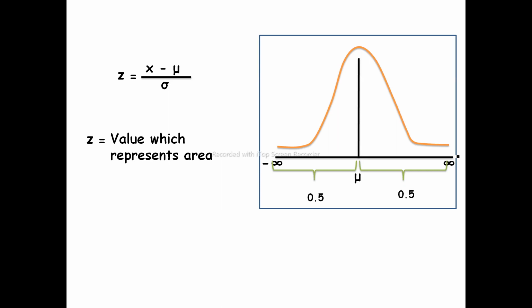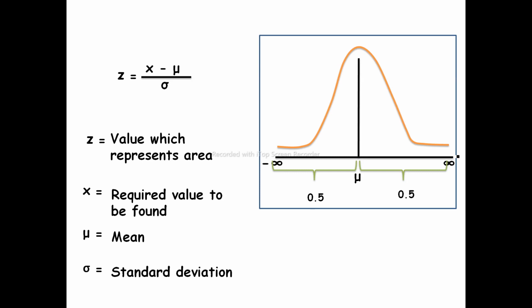Next, x is equal to the required value to be found, mu is the mean and sigma is the standard deviation. These all things you know. So we'll take up an example and you will get to know how to use this normal probability distribution for solving the problem, like for calculation of probability.